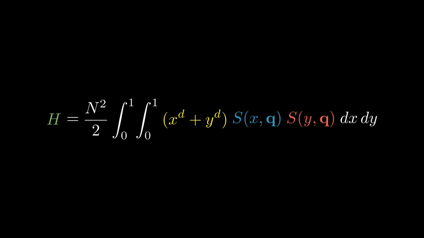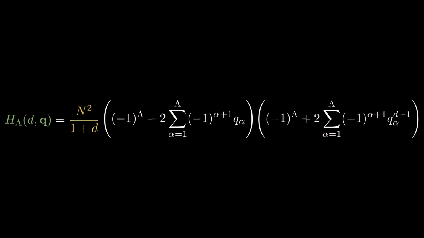He had taken a discrete combinatorial problem, which was brutally complex in its original form, and recast it into the language of continuous calculus, a world with powerful tools for finding minima. The next step was to actually solve this integral, a significant mathematical challenge in its own right. The result is this analytical formula for the energy H, which now depends on d and the set of all domain walls Q.